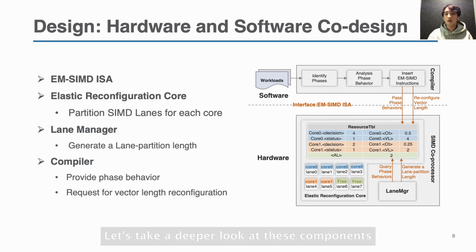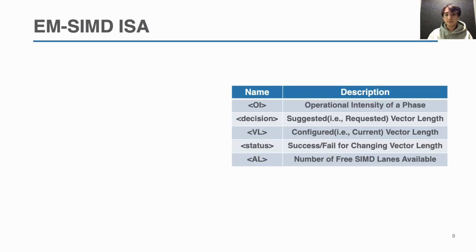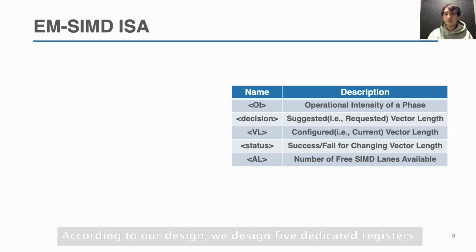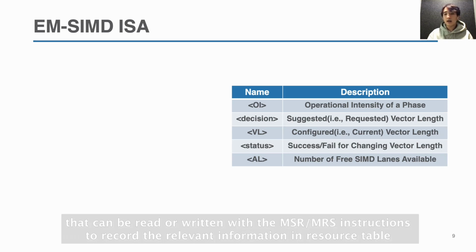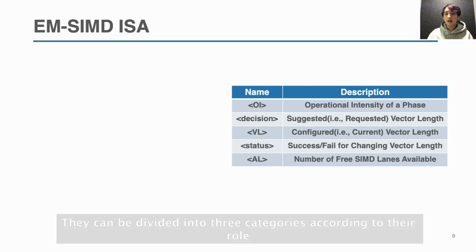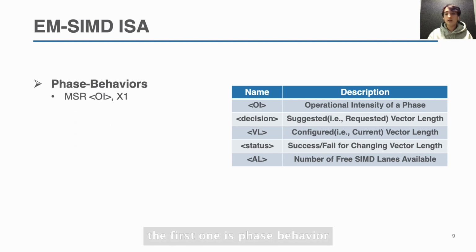Let's take a deep look at these components. According to our design, we have 5 dedicated registers that can be read or written with MSR or MRS instructions to record the relevant information in the result table. They can be divided into 3 categories according to their role. The first one is phase behavior.